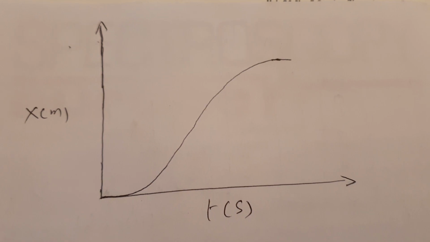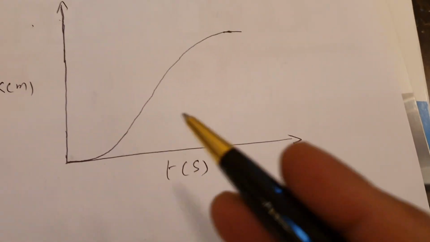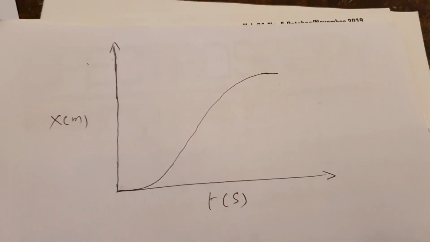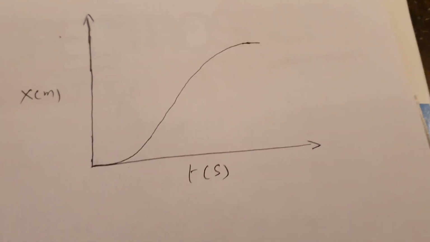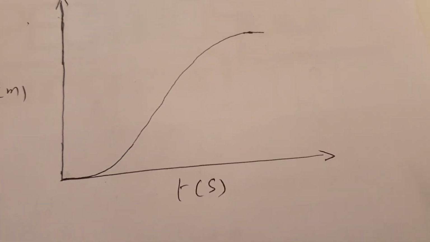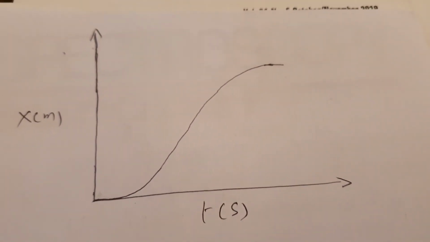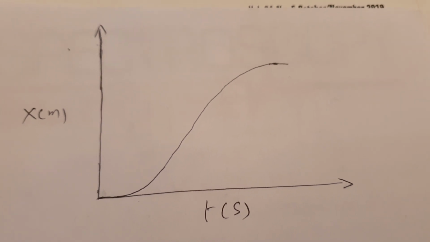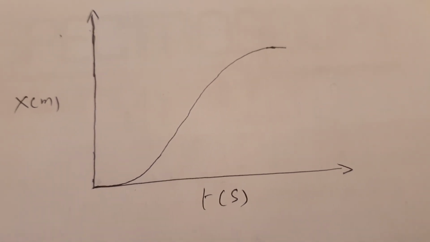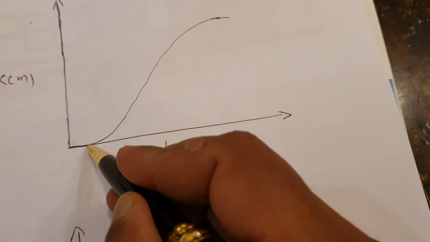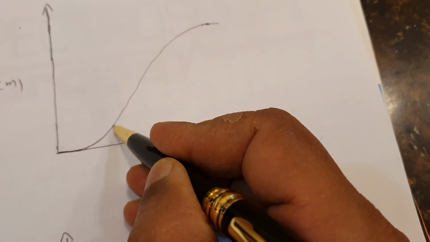So in this case, what we do is that we divide this graph into several smaller parts. We can divide it into many smaller parts, but broadly speaking, we will divide this line into three main smaller parts. So this is part A, I would say this is part A up to here.